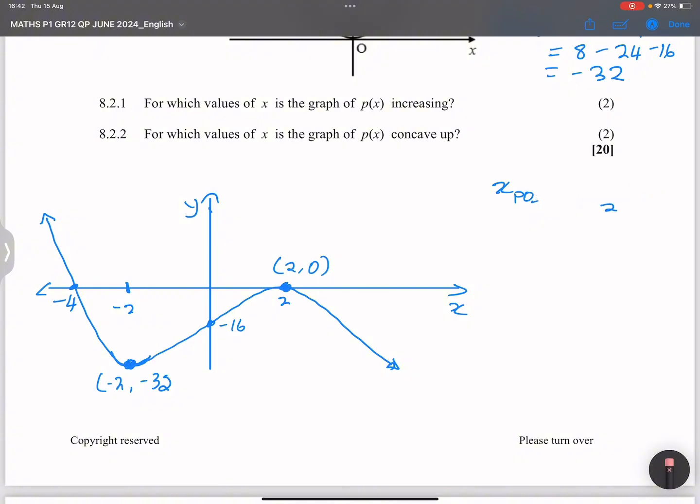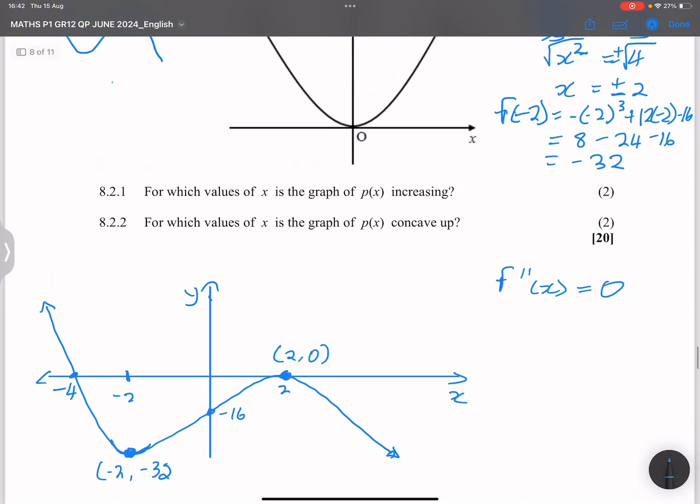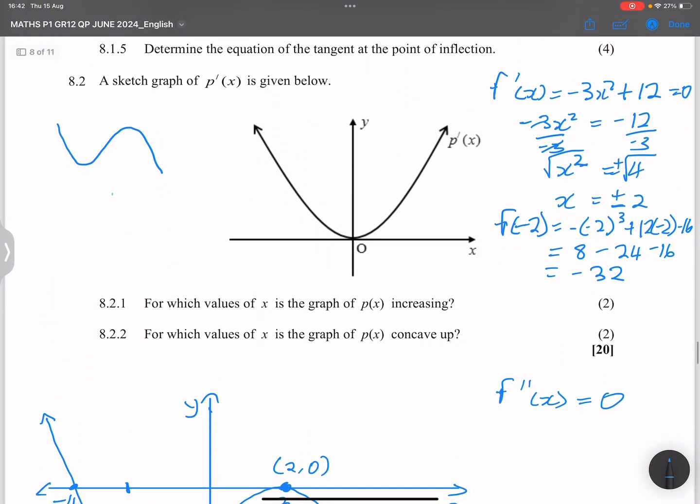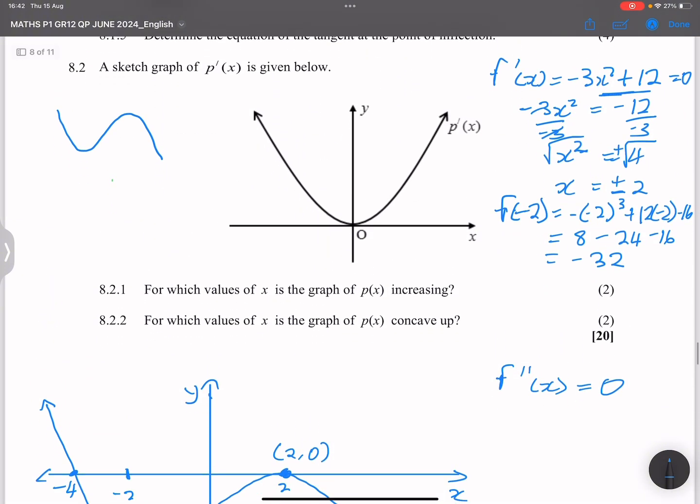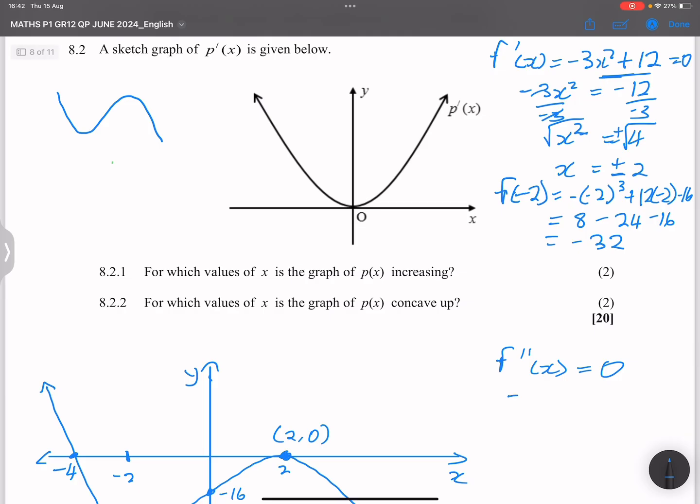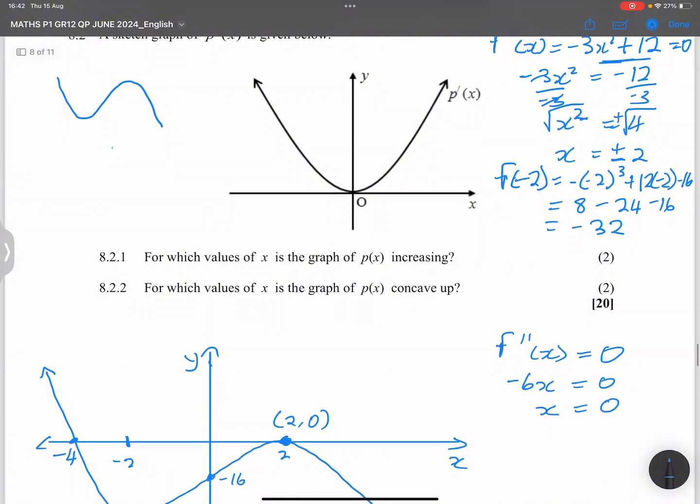Otherwise, to get the x value of the point of inflection, you say the double derivative is equal to 0. So what is our double derivative in this case? The derivative of the derivative. So that would be -6x is equal to 0. And so if you divide by -6, you still get x is equal to 0.